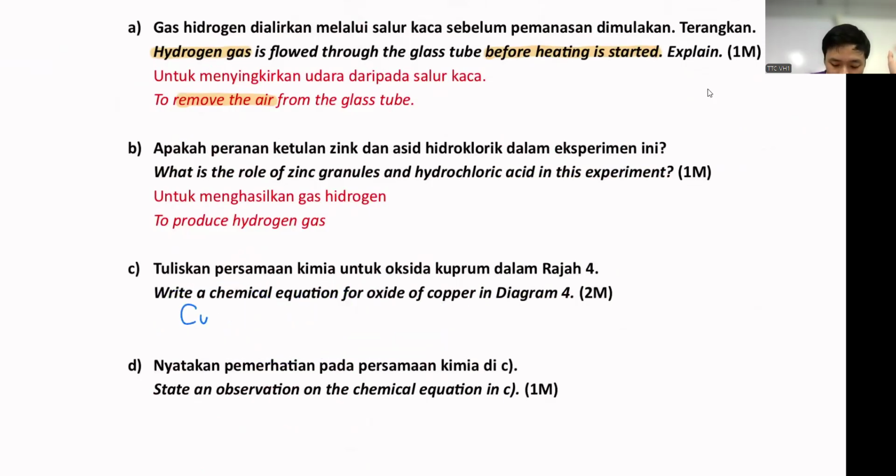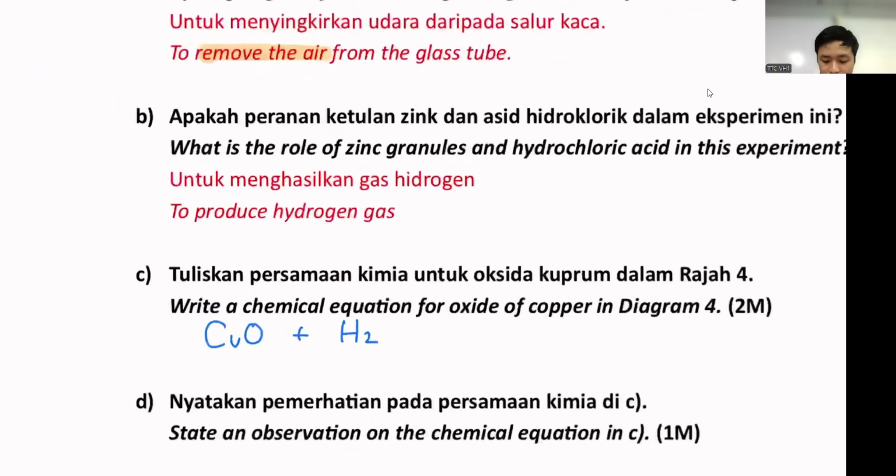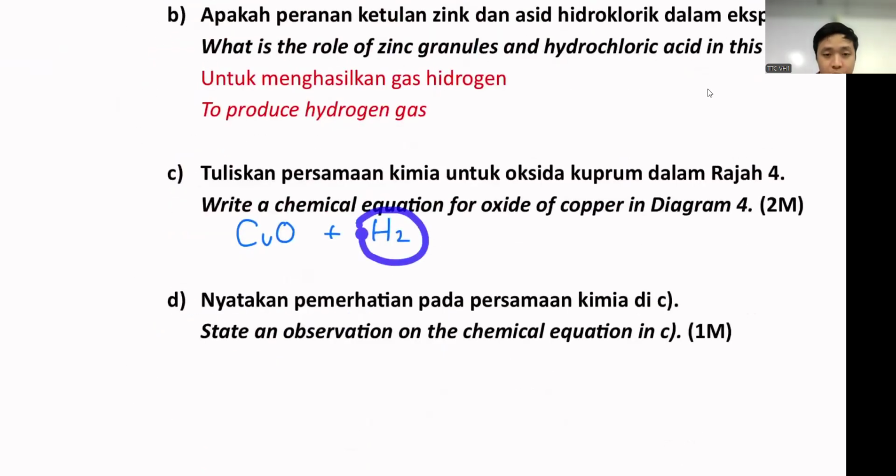So CuO reacts with hydrogen gas. Because hydrogen is actually more reactive than copper, the H2 can snatch Cu's O. Let's say Cu and O, they were partners.